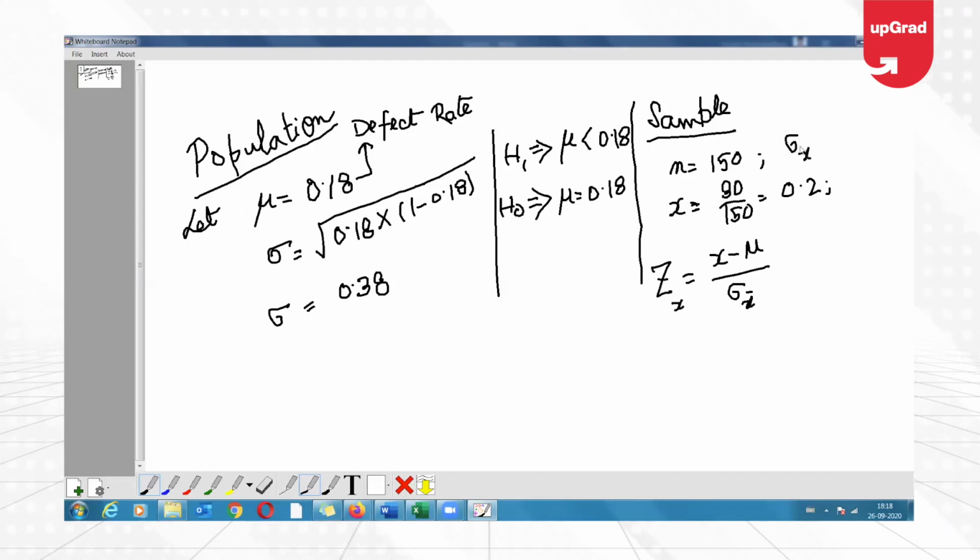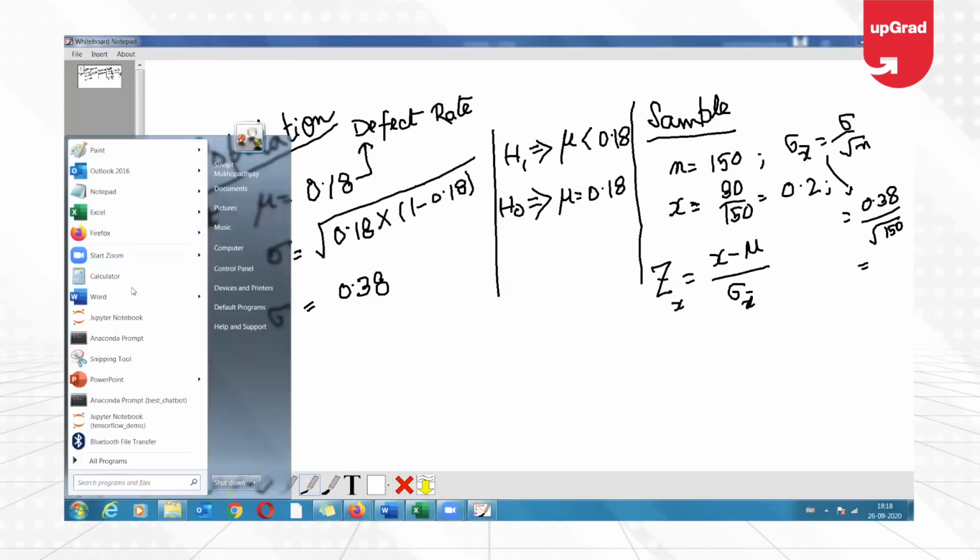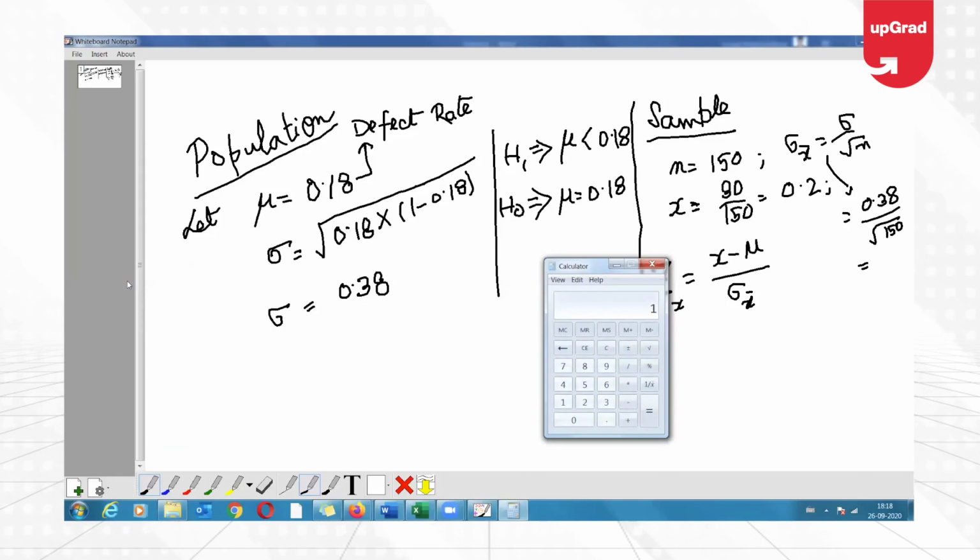So sigma x bar is sigma by square root of n, which is equal to 0.38 by square root of 150. So 150 square root is 12.24, and 0.38 divided by 12.24 is 0.03.